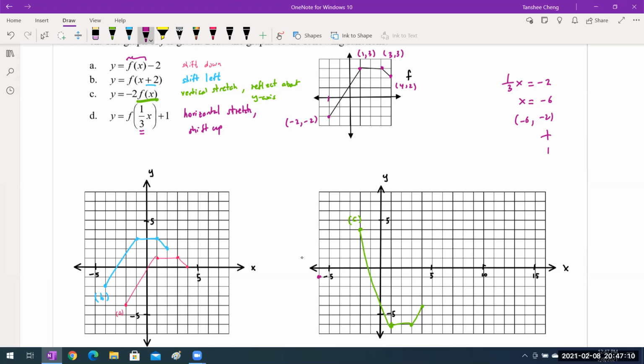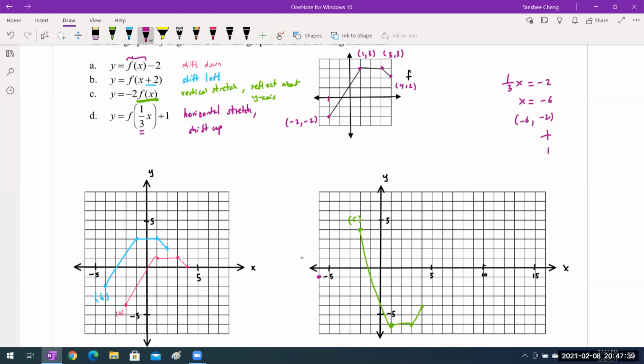Similarly, I can continue the rest of it. So 1, 3, first horizontally stretching. 1/3 x, right? Only if your x value is 3, then 1/3 times 3 will be 1. That will give me the original x value, so that will give us the same y value.